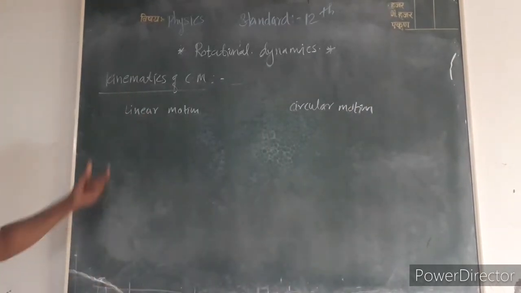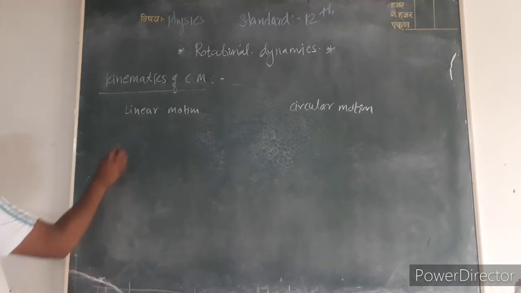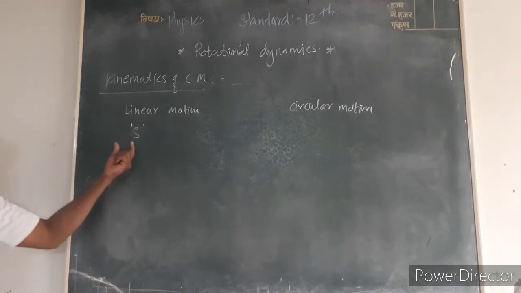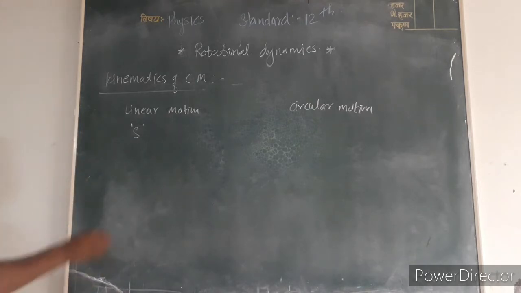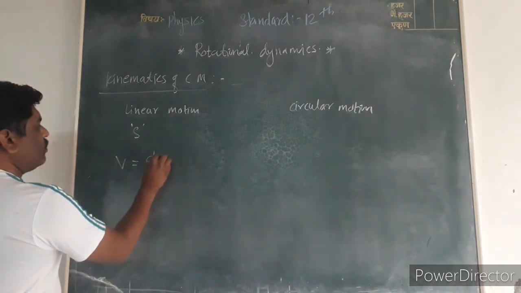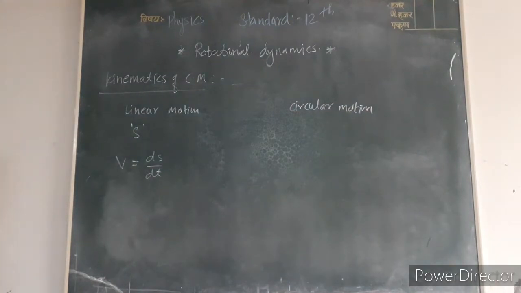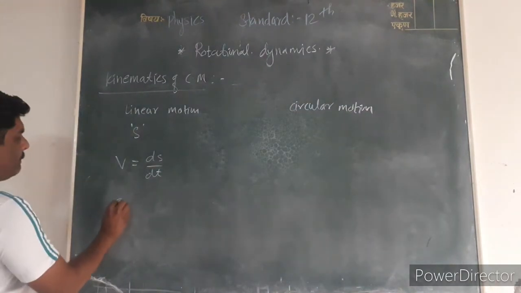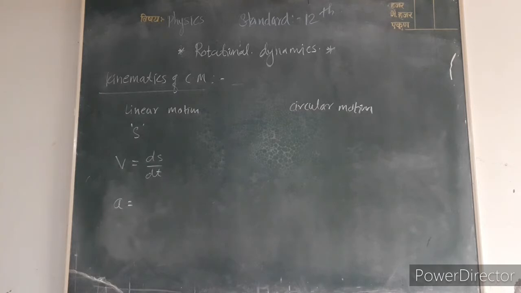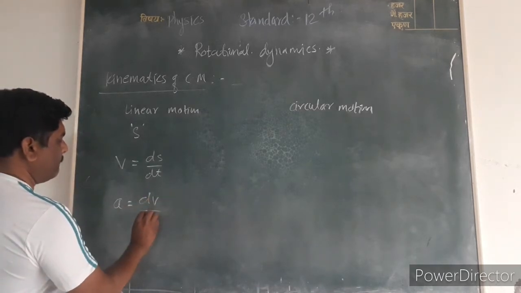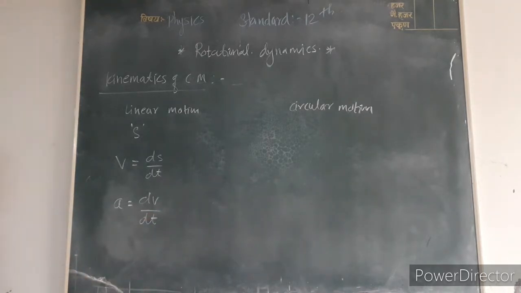We know that in linear motion, the displacement of particle is denoted as s, and velocity of particle is denoted as v, and this v is equal to ds upon dt. Also, in linear motion, the acceleration is given as a, and acceleration is equal to dv upon dt.